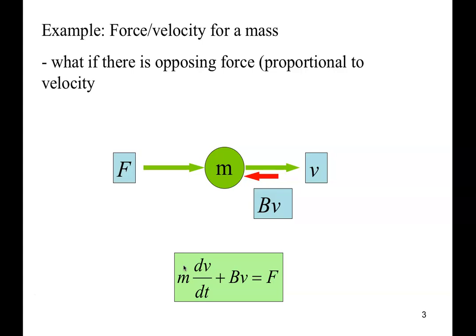Now move the bv to the other side of the equation, you get that. Now that's a very typical first-order differential equation. And it's also a representation of a typical first-order system. And it defines the input-output relationship. So the input is F, the output is v.